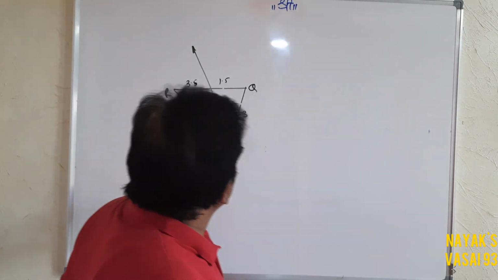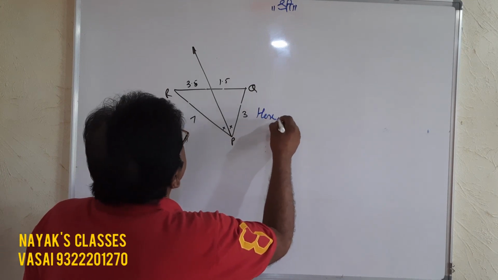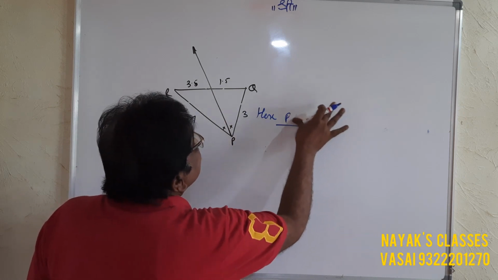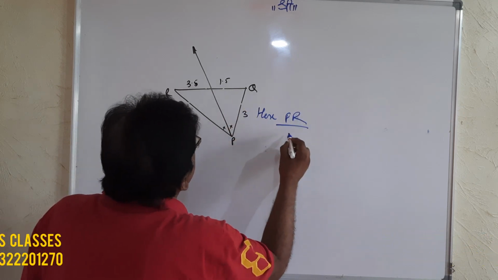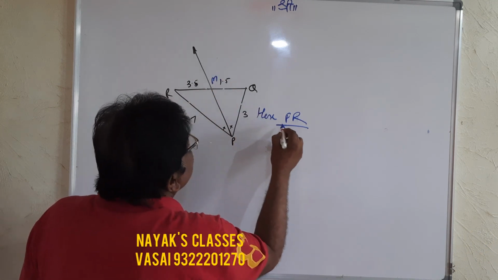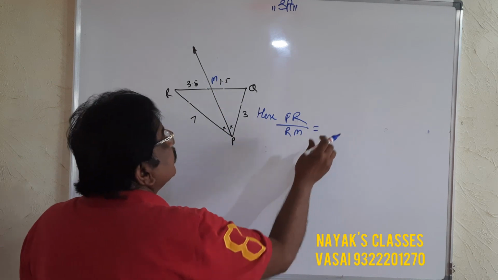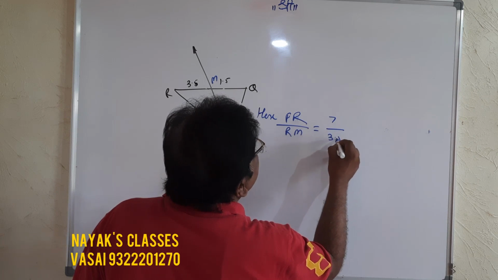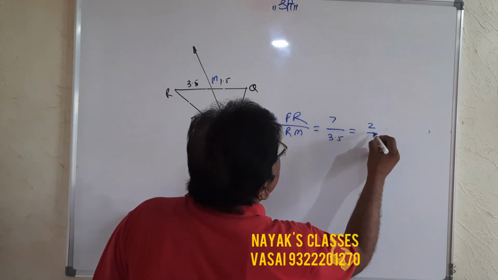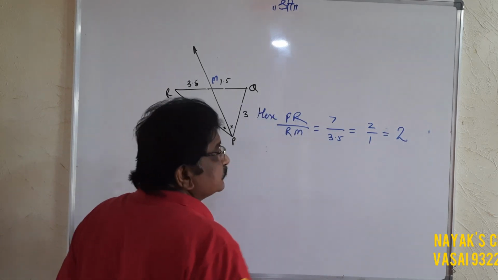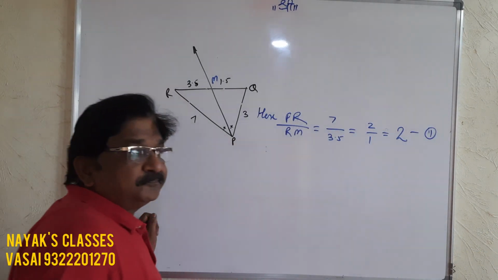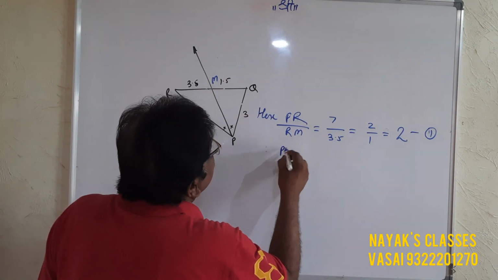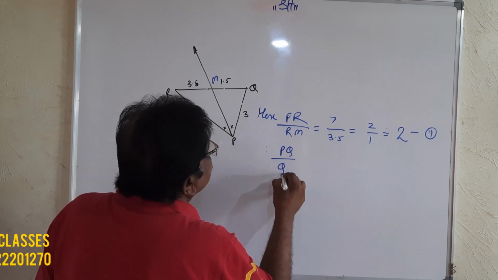Let us see. Here PR upon RM is equal to 7 upon 3.5, which is equal to 2 upon 1, which is equal to 2. That is statement number 1. We have taken the ratio. Next is PQ upon QM.